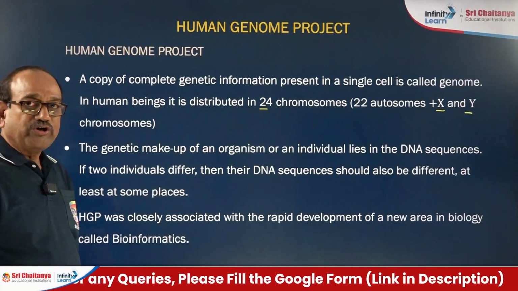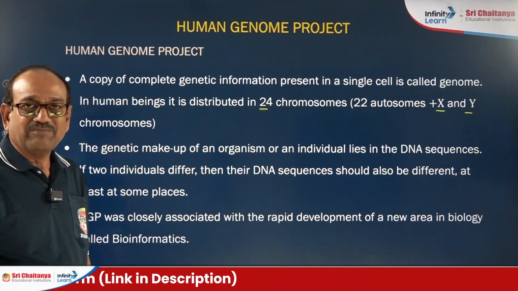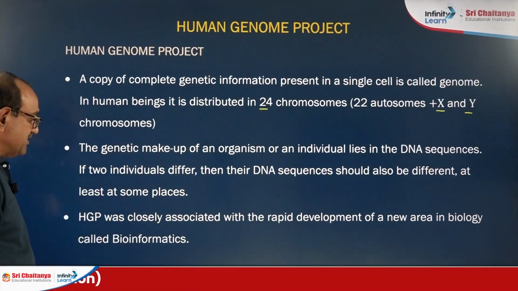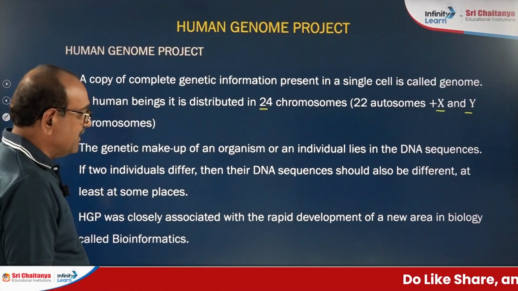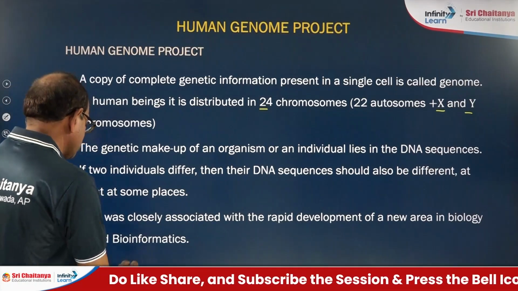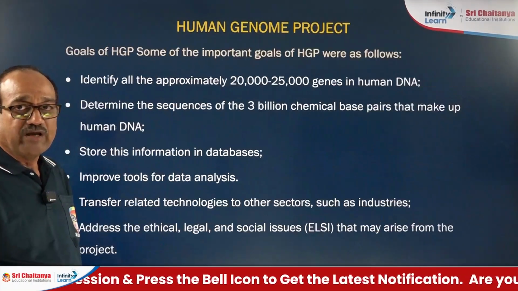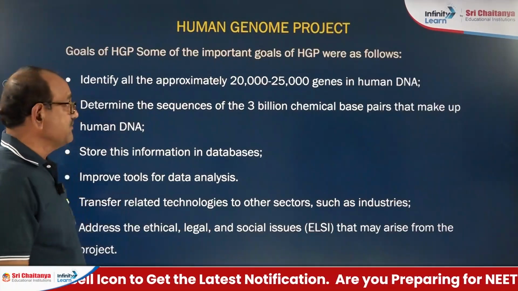That is, no two individuals' DNA is alike. At least at certain areas, there is some difference. Human Genome Project was closely associated with the rapid development of a new area in biology, that is bioinformatics. This is a new field in biology.